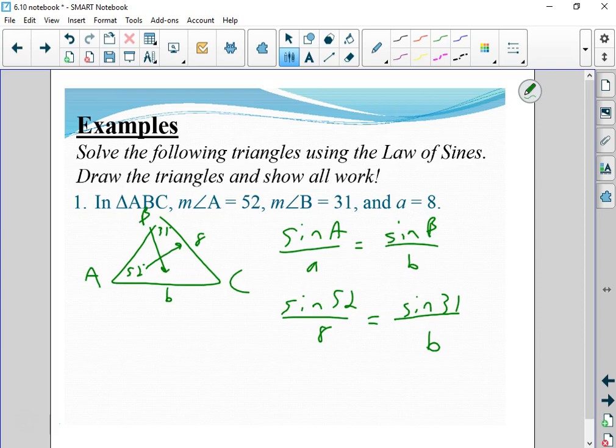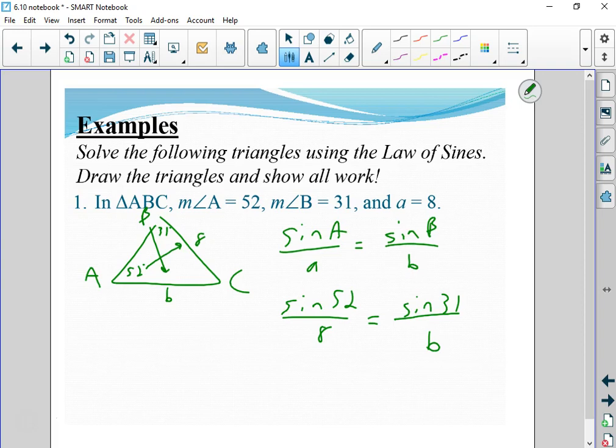Now, before we do any algebra, I want you to ask yourself, based on what we've learned way back at the beginning of this unit with 30, 60, 90 triangles. Remember the 30, 60, 90 triangle, the smallest side was opposite the 30. The medium side, or long leg, was opposite the middle angle. And the largest side, the hypotenuse, was opposite the 90, which was always going to be the biggest angle, because the other two angles had to be less than 90.